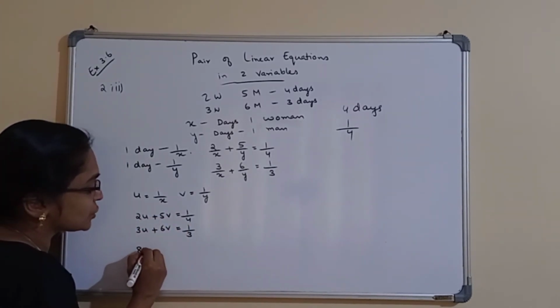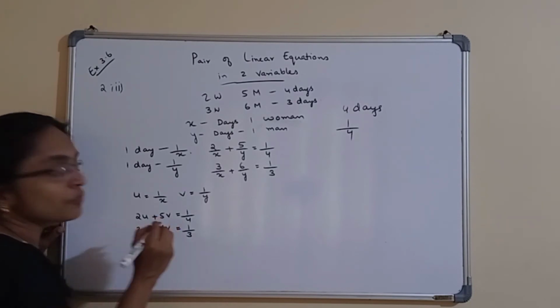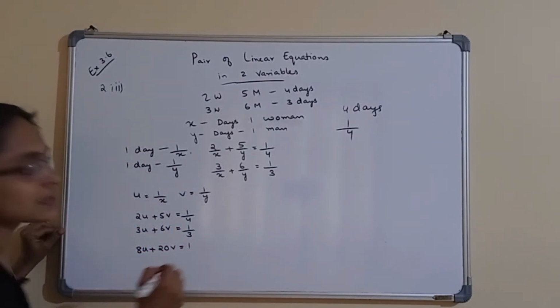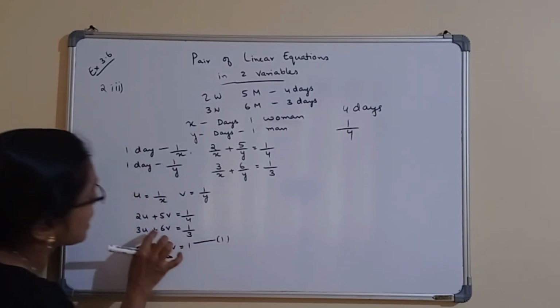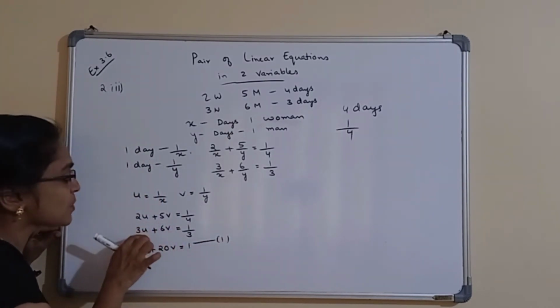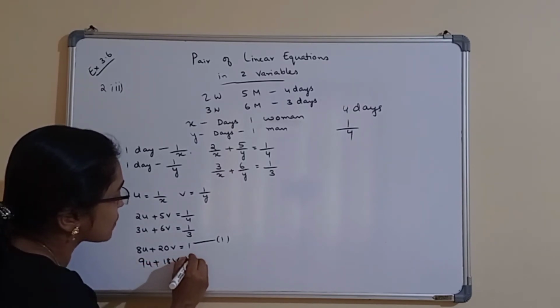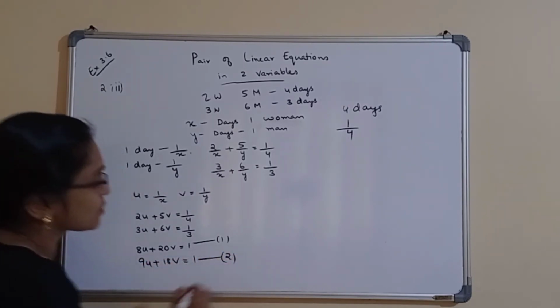We will get 8u plus 4 into 5 is 20, 20v is equal to 1. This is the first equation, and here also cross multiplying we will get 9u plus 18v is equal to 1. This is the second equation.